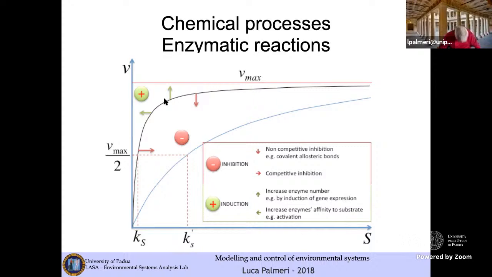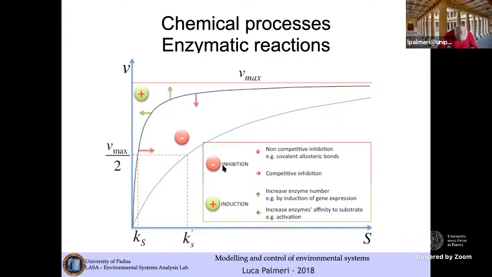So you have another effect of inducing the speed of a chemical reaction. In the second case, you have a pushing of the curve toward the left, essentially meaning that the semi-saturation concentration is reached more quickly.